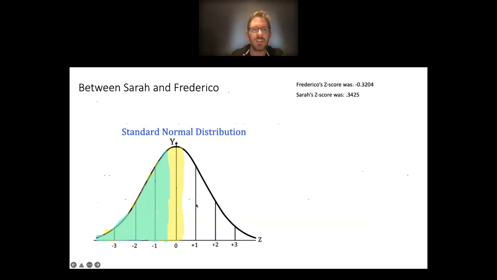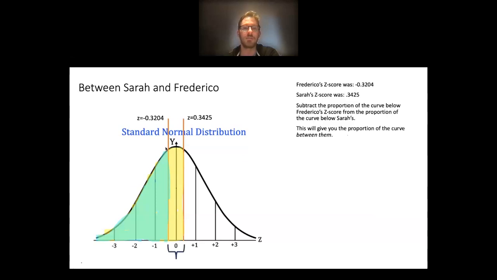To see this on the graph, we see that Sarah's score of 3.2 has about 63%.